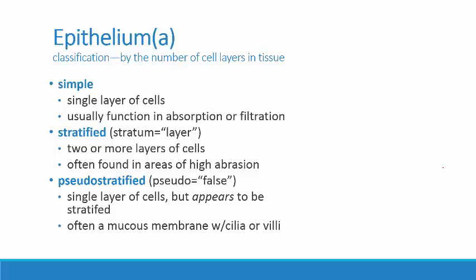The second kind of layering arrangement that we can have is referred to as stratified. With stratified epithelia, there are two or more layers of cells. So if a simple epithelium has just a single layer with the nuclei inside, then a stratified epithelium has multiple layers.